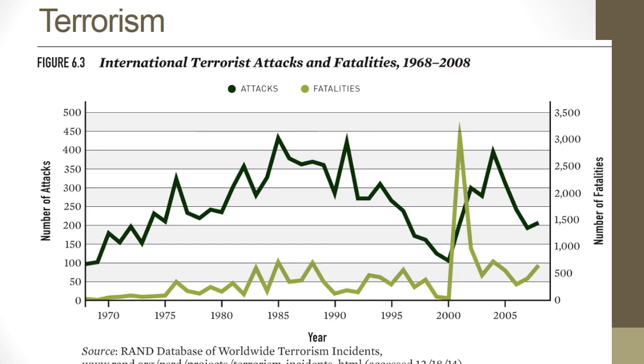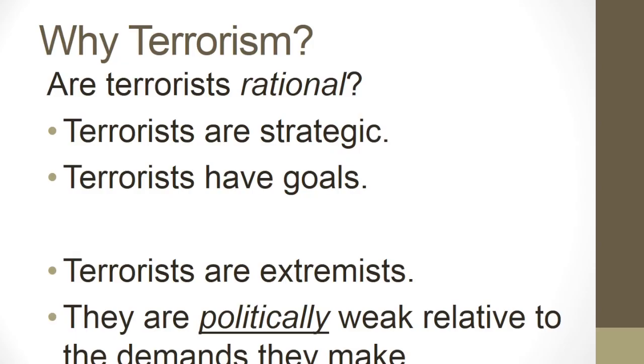All right, and if we can see, it's been pretty steady throughout history of terrorist violence, except for the fatalities, of course, of 9/11 was a huge spike. So, are terrorists rational? Well, they do have strategic rationale, and they do have goals.